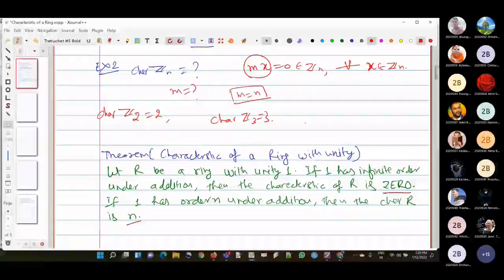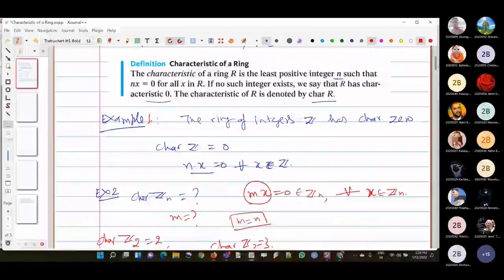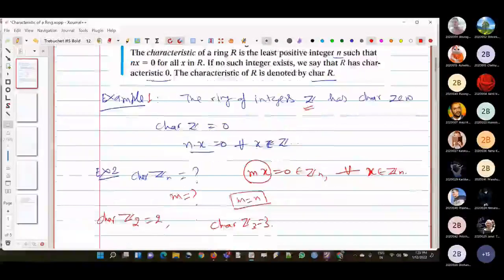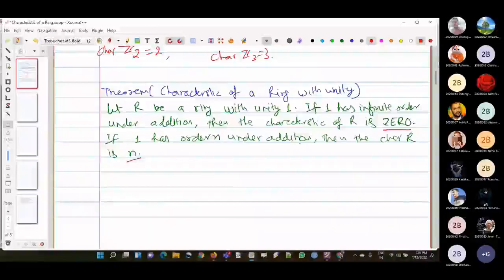So according to this theorem, here 1 has infinite order, so its characteristic is going to be 0.